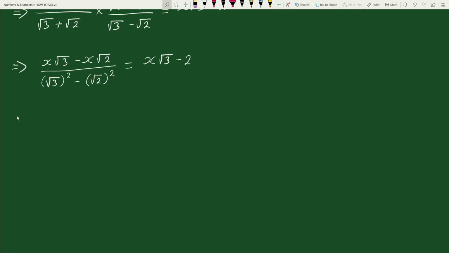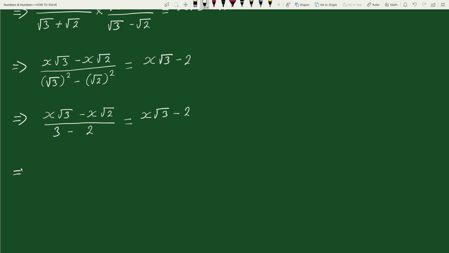This equals x square root of 3 minus x square root of 2 by square root of 3 whole square will be 3 minus square root of 2 whole square will be 2, equals x square root of 3 minus 2.